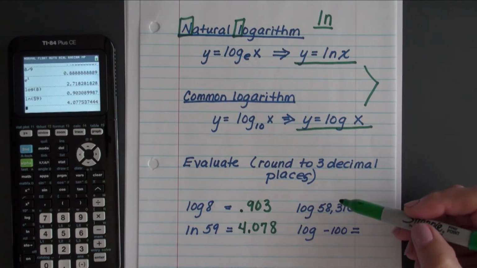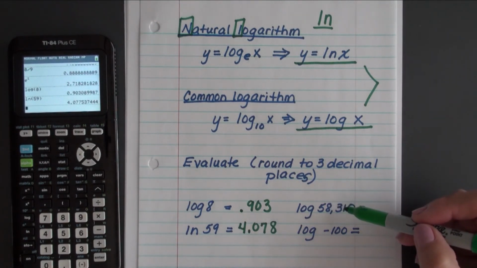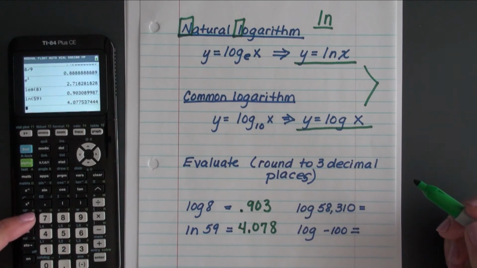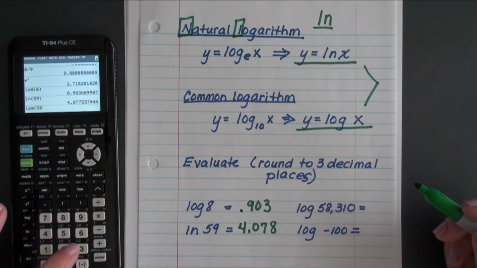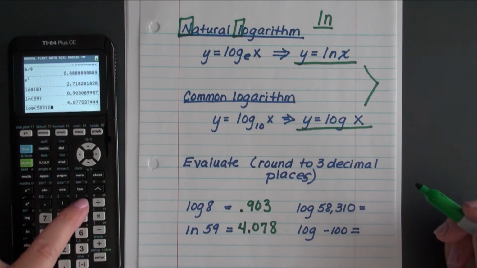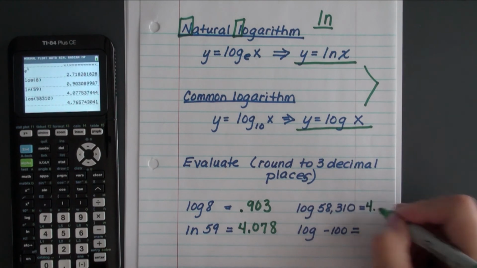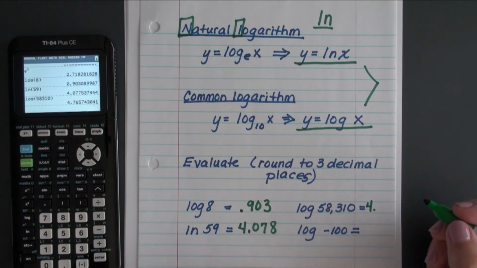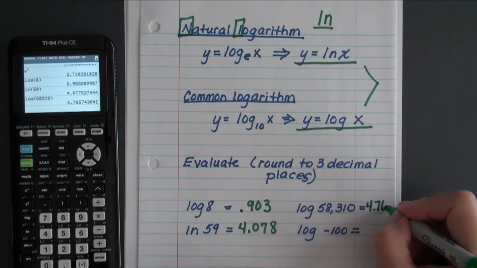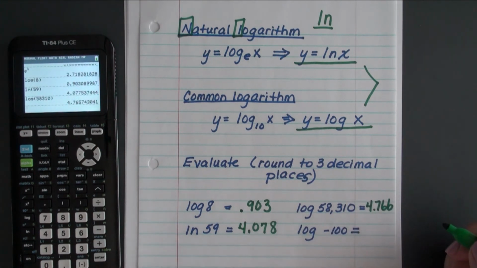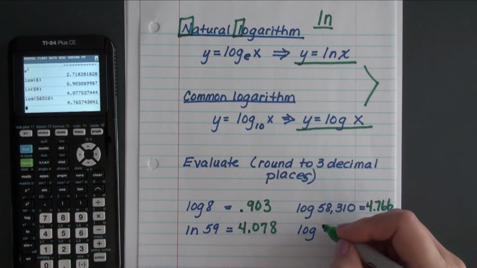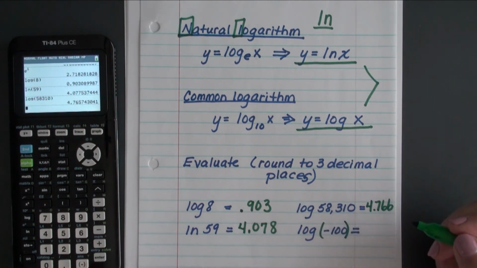Our next example, log 58,310. I'm back to my LOG button, and rounded to 3 decimal places, I have 4.766. The last one, I want to find the log of negative 100.